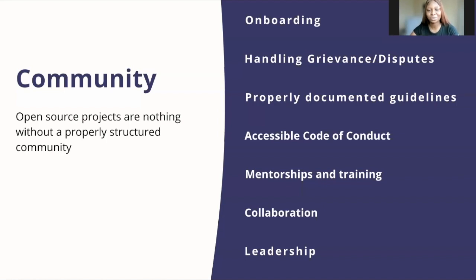So that is where documentation comes in. We talk about the accessibility of our code of conduct, because you want it to be readily available for individuals that are still new to the concept or the culture of your community. And then we talk about the mentorships and the training, the collaboration and leadership, and so many other things that come under the community aspect of our open source community.